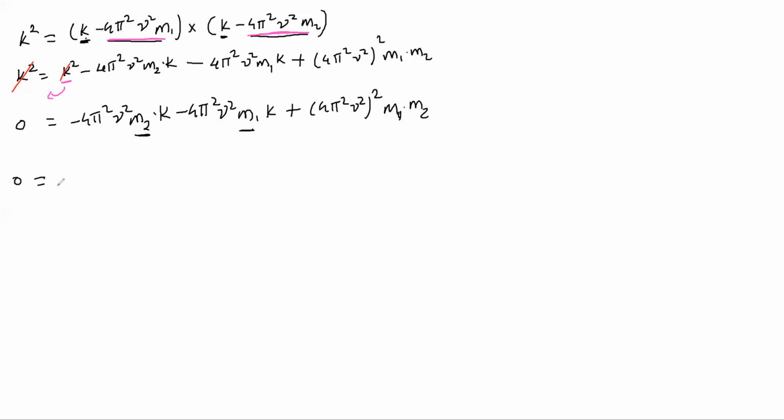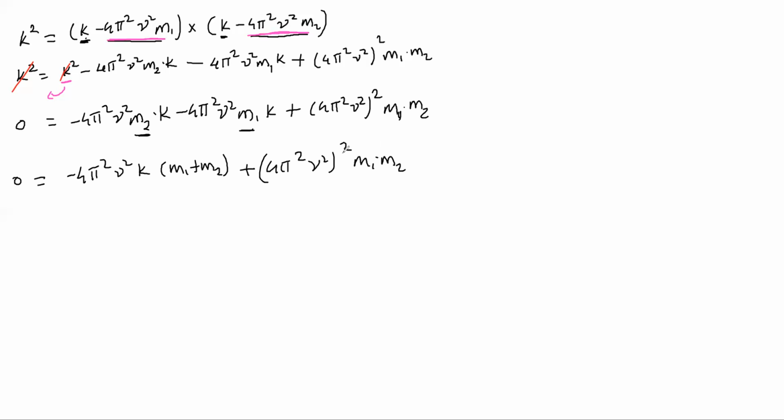Okay, so the next step will be added, only 4 pi square mu square and the k, so here m1 plus m2, plus 4 pi square mu square bracket square and again m1 times m2.